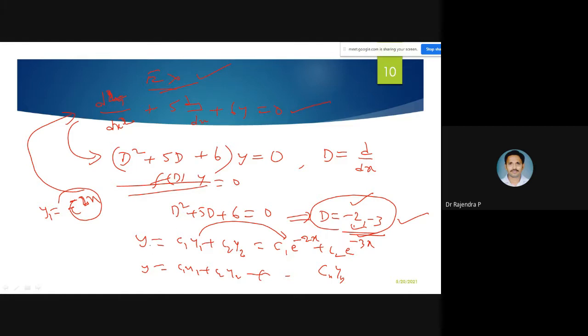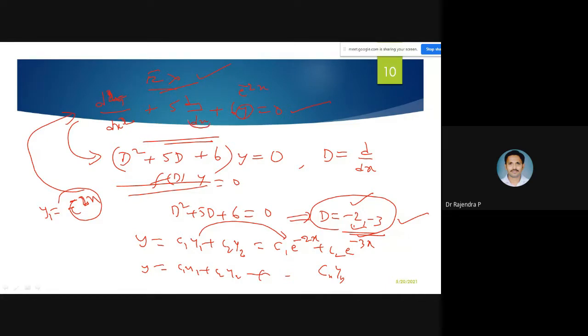You take the first one. The first solution is e power minus 2x. I am telling that it is a solution. If it is a solution, it has to satisfy this equation. So in place of y, I can substitute e power minus 2x.